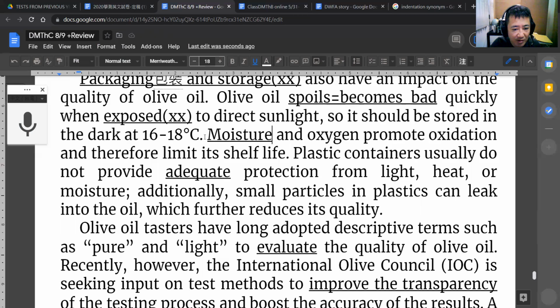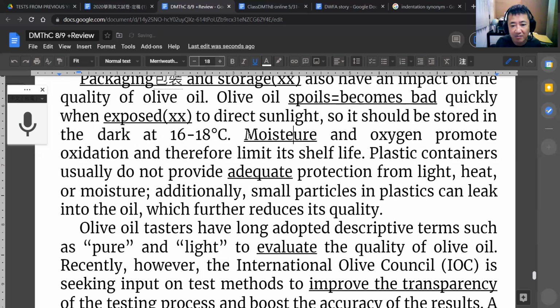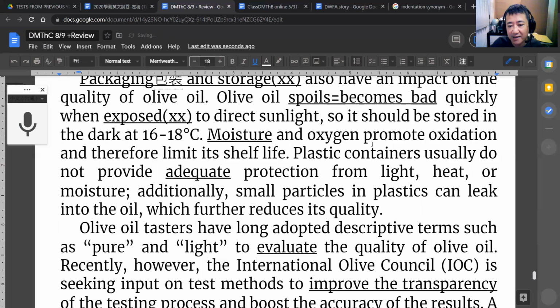Moisture, remember we did the word moisten before, it means to 弄湿, so moisture is 湿气, huh? Right? Moisture and oxygen promote oxidation, right? And therefore limit its shelf life. Oxidation, oxygen 是氧气, oxidation means 氧化, huh? Right?